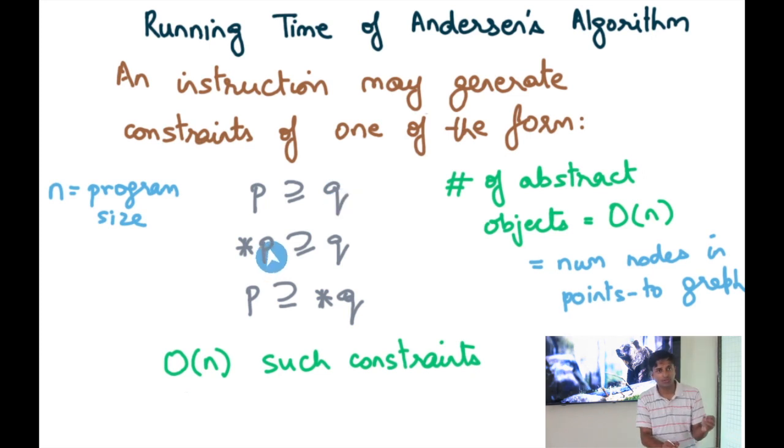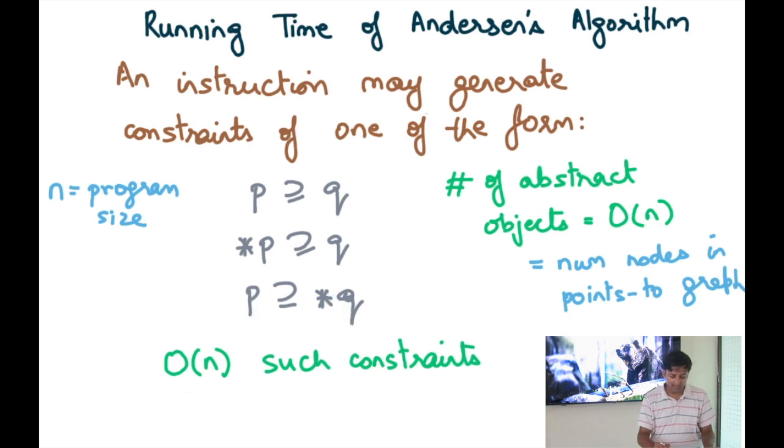Similarly, for an assignment of the form star p equals q, the points to set of star p must be a superset of the points to set of q. Which means that whatever q may point to, star p may also point to. And similarly for the dereference, if it is an assignment of the form p equals star q, then anything that star q may point to, now p can point to.